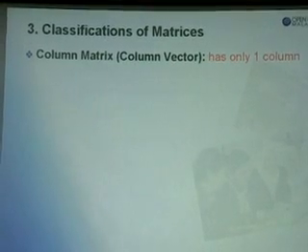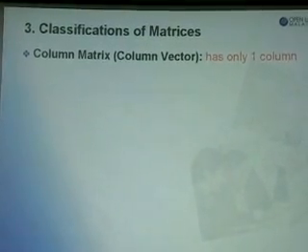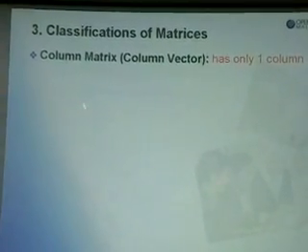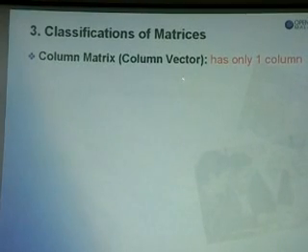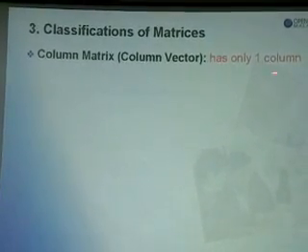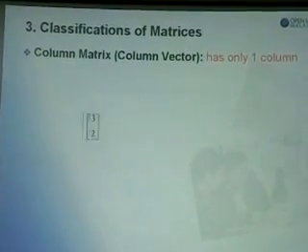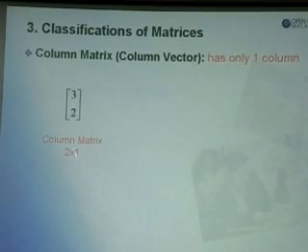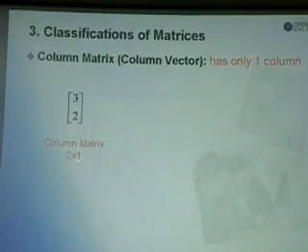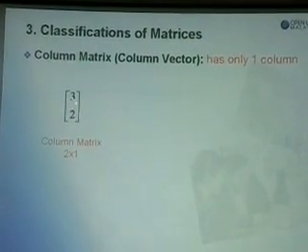In the next slide, I'm going to explain how to classify a matrix. First, we have the column matrix or column vector. For this type of matrix, there is only one column. For example, this matrix, which is a 2 by 1 matrix, has only one column but 2 rows.